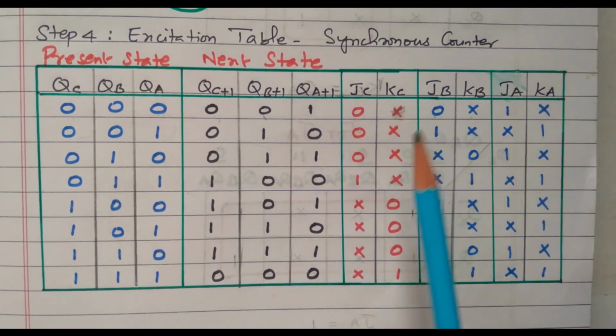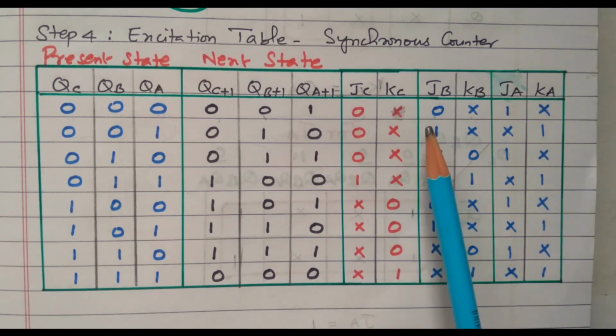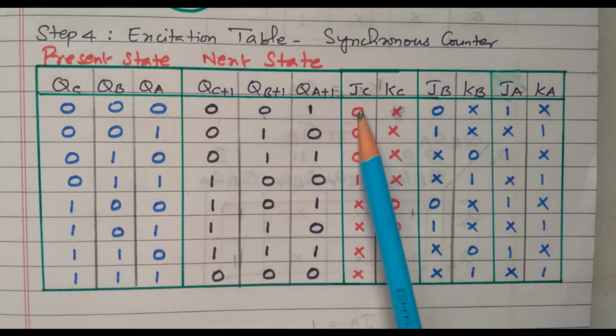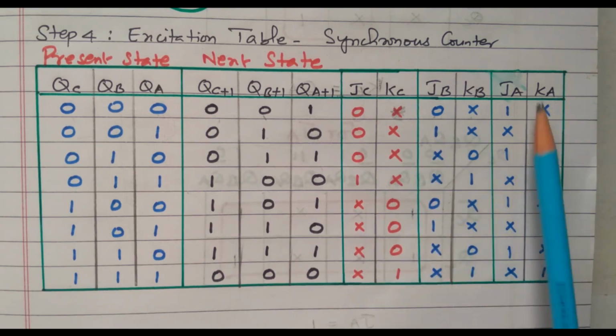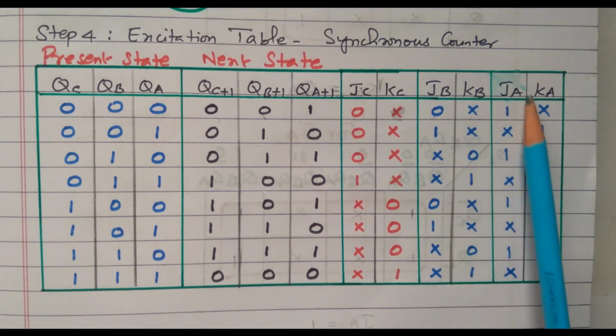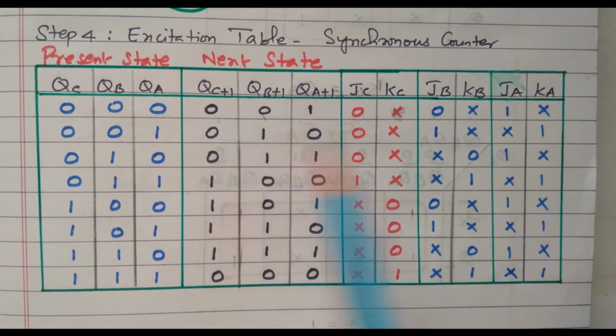So all that we discussed in the excitation of the JK flip flop is implemented. We need to see what is the current state, what is the next state, and what is the input required. Like that we need to write all the columns for the C flip flop, B flip flop as well as the A flip flop, right. I think we are able to understand. From the excitation table we are executing.